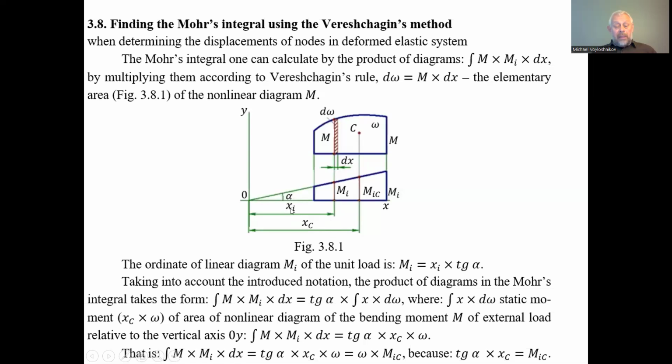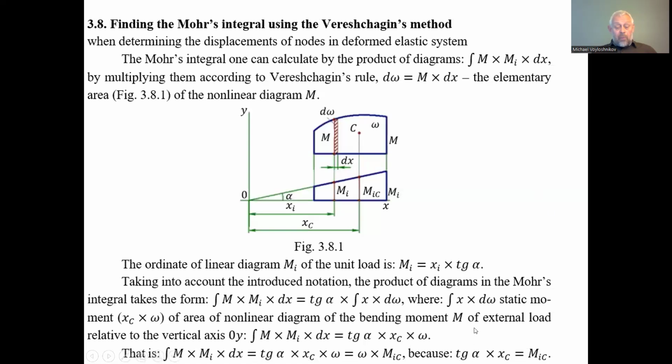The arm is the abscissa itself, and this is on one hand the static moment of this diagram relative to the axis, and on the other hand, this static moment is equal to the area of the diagram, not the moment but the area, multiplied by the abscissa of the center of this area.